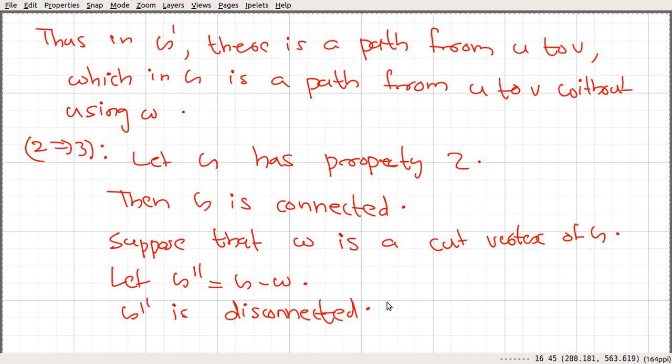So it has at least 2 components, and let's look into those 2 components and see what is going to happen.